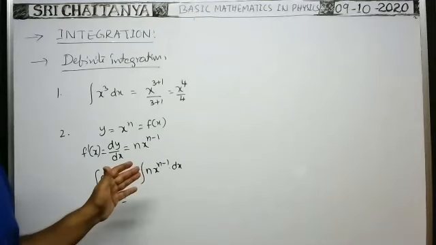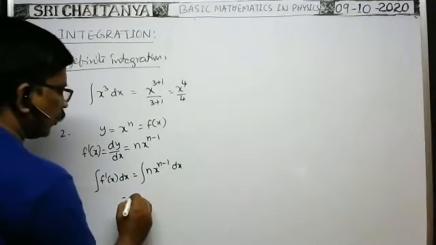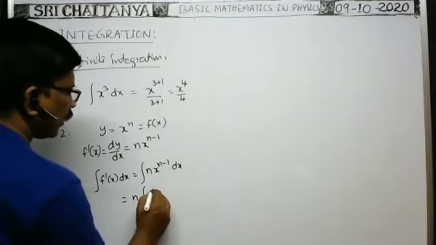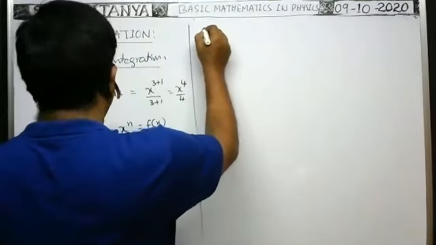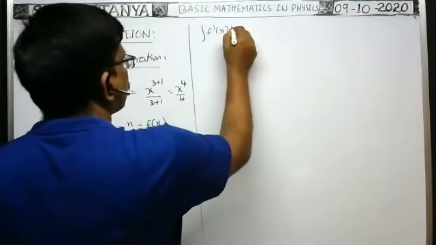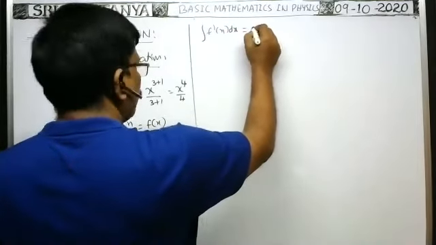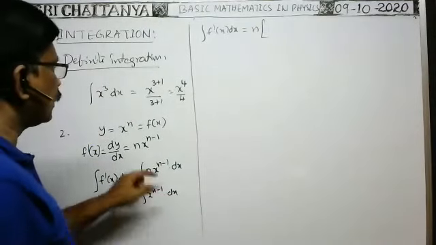Yeah, in volume 1 only this integration, basic mathematics is there. n is the constant, you write outside the integration. Integral x to power of n minus 1 into dx. So integral f dash x dx is equal to n into, what is the integration of this x to power of n minus 1 dx?